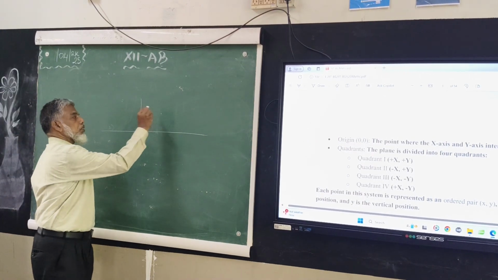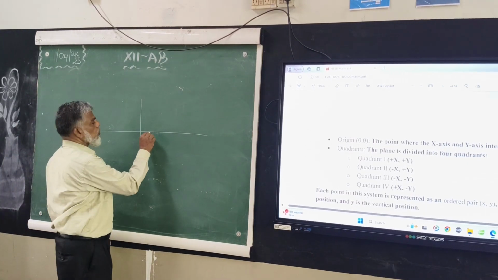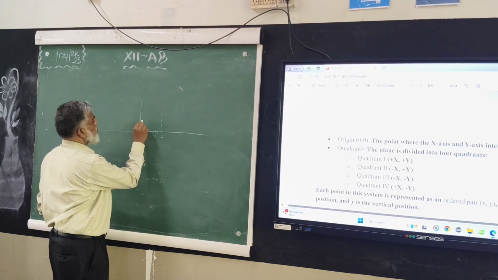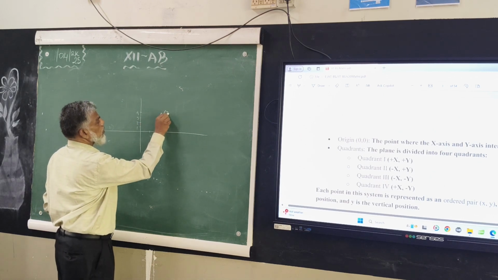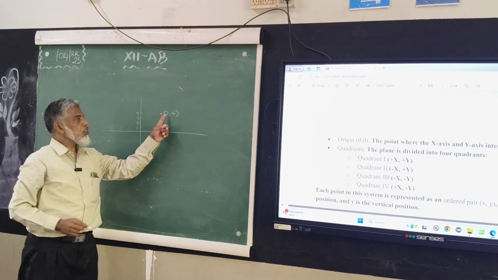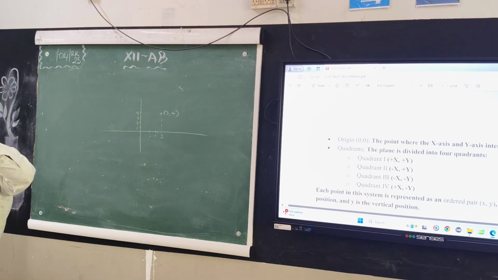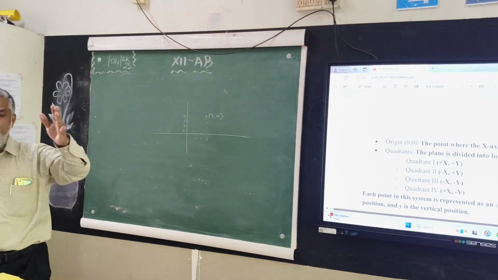Any point is represented by two coordinates. Suppose 1, 2, 3 and 1, 2, 3, 4. So this point is (3, 4). 3 is the x coordinate and 4 is the y coordinate. The x coordinate is called the abscissa, and the y coordinate is called the ordinate. These are special names for the x coordinate and y coordinate.